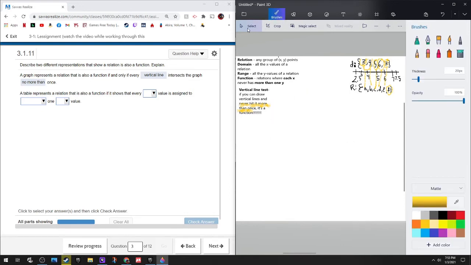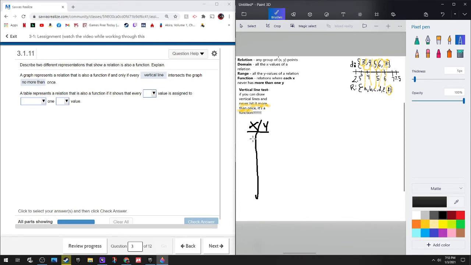I don't have a nice way to make tables on this, so I'll just do a makeshift table. All right, so let's say we've got our table. We have our XY table, right?